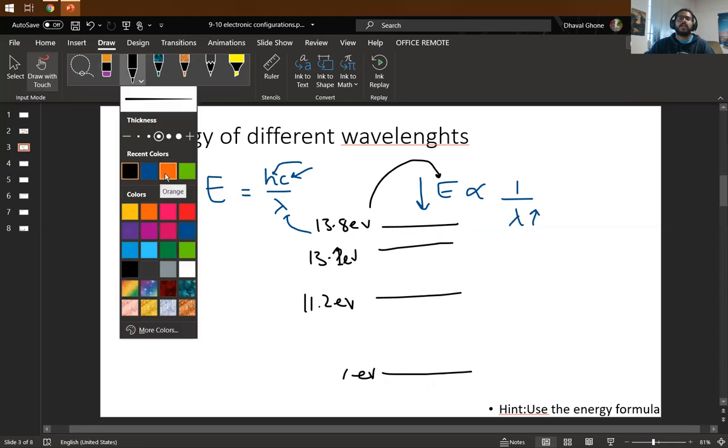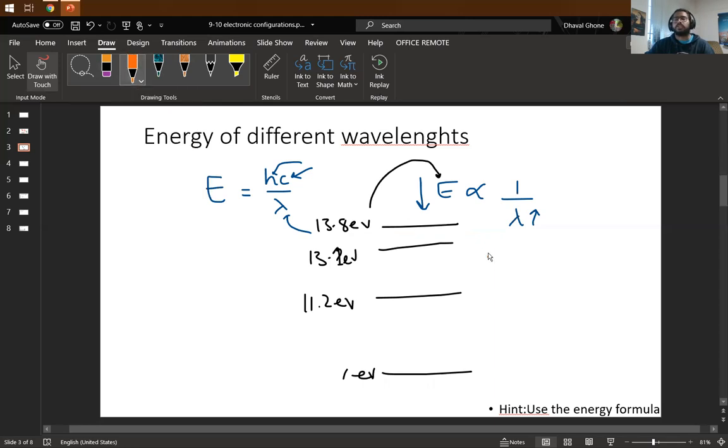Let's say I'm looking at transitions. My electron was at this stage and transitioned to n equals 1, compared to my electron being at this stage and transitioning to n equals 1, and then compared to my electron being at this stage and transitioning to n equals 1, 2, 3.